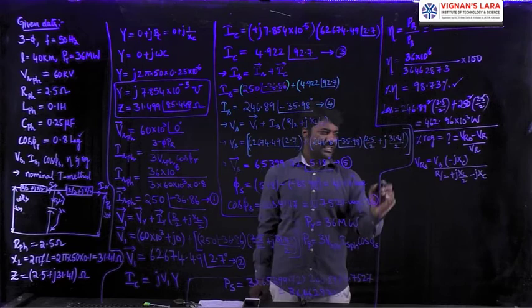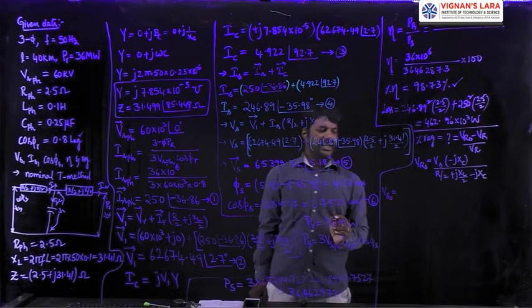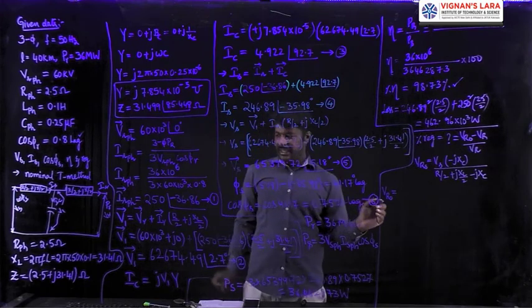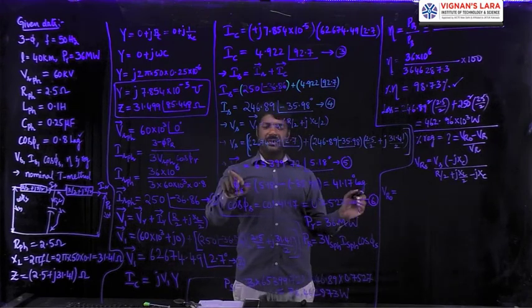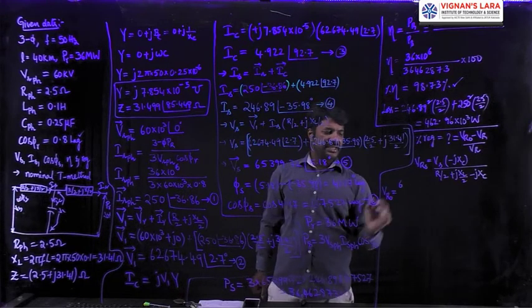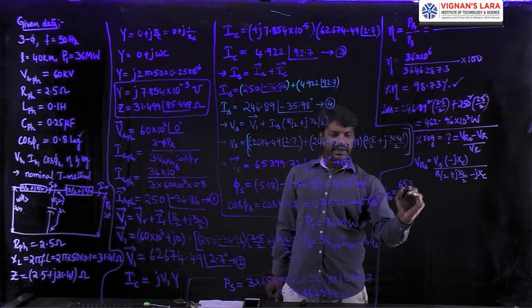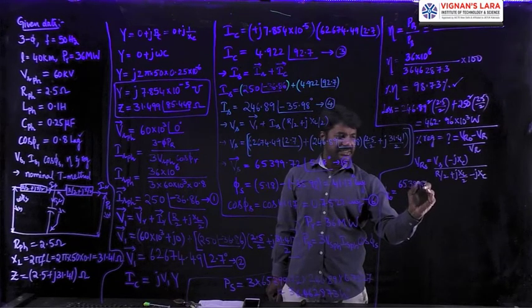Okay, so the same thing I am writing here. VR naught is equal to Vs. What is Vs? The voltage Vs is obtained from equation 5, as previously you also have it. How much voltage is it? 65,399.72.